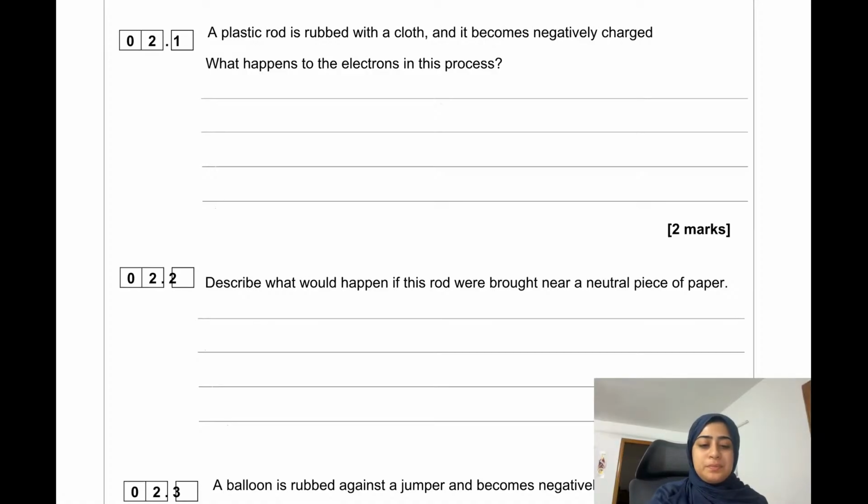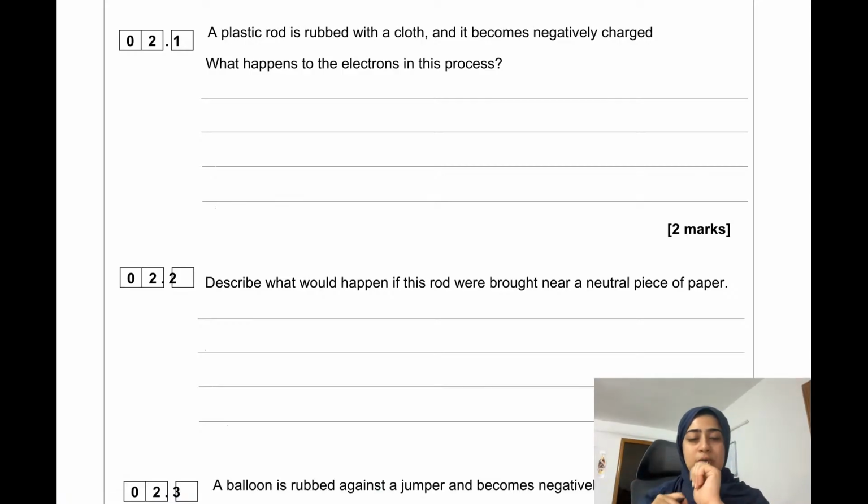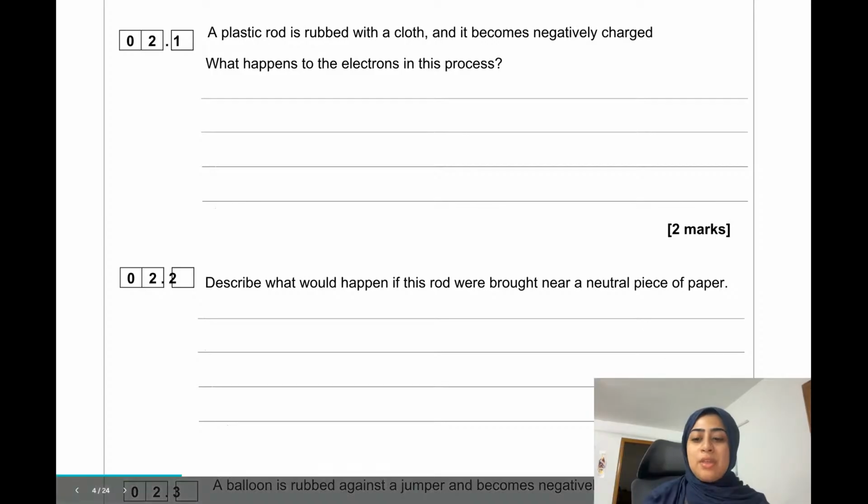So a plastic rod is rubbed with a cloth and it becomes negatively charged. What happens to the electrons in this process? Okay, so remember what rubbing materials together does. Rubbing materials together causes the electrons to be transferred from one object to the other, which leaves one object positively charged and the other negatively charged.